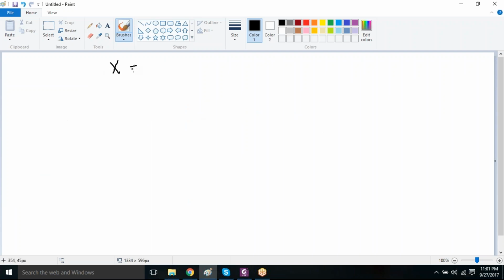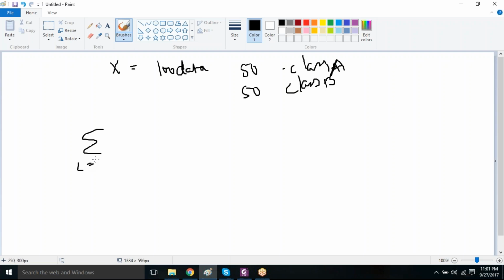Basically, if your x is 100 data points, out of which 50 are of class A and 50 of class B. This is training data, okay? So when I calculate the cost function, I will go from i equal to 1 to n, and I will divide by 100, with n equal to 100.